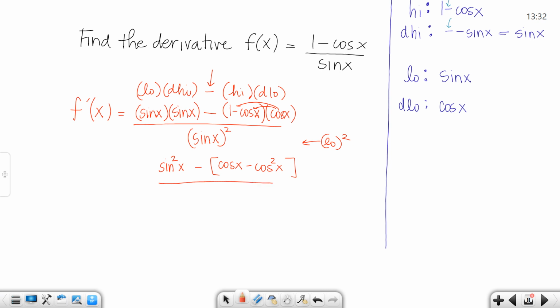Okay, that's what I get when I distribute that. And of course that's over sine of x squared. Let's take care of that negative in the top. We have sine squared of x minus cosine of x plus cosine squared of x, because I distributed that negative, and that's all over sine squared of x.